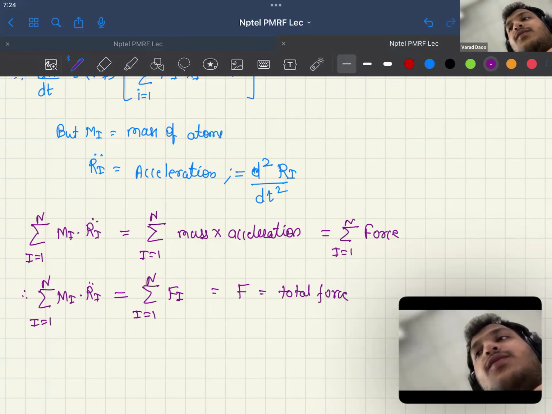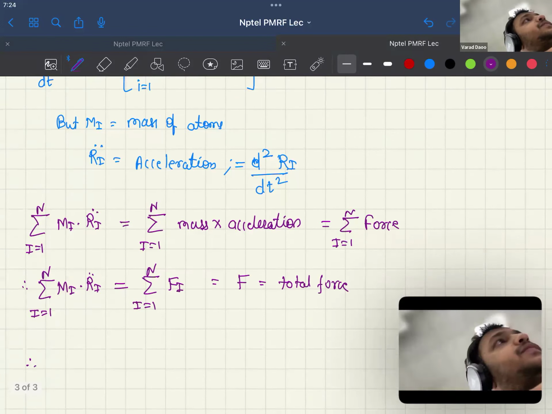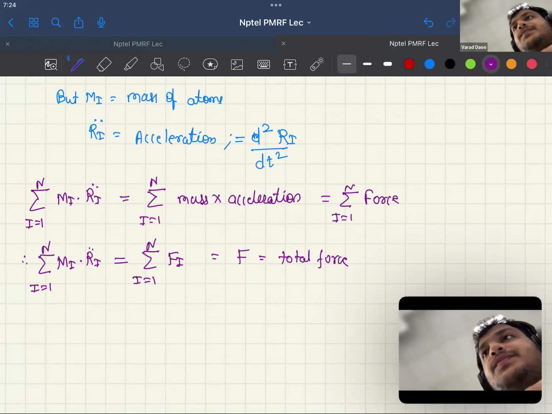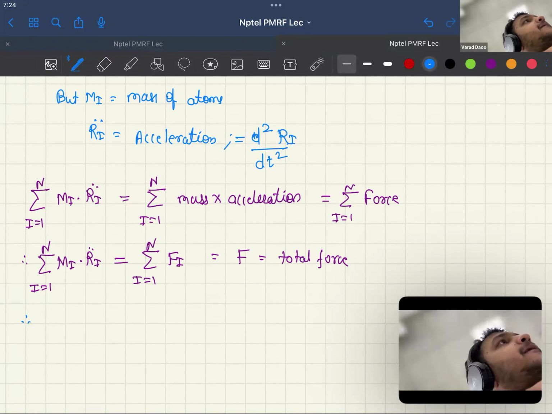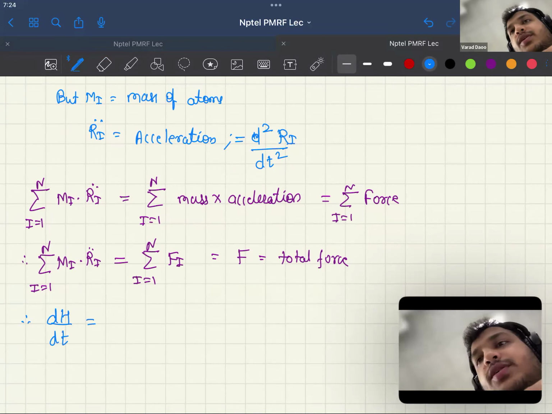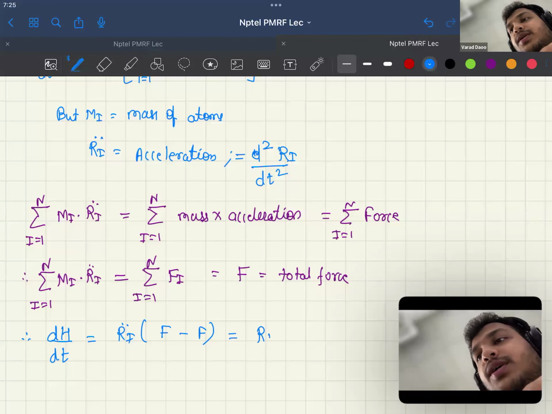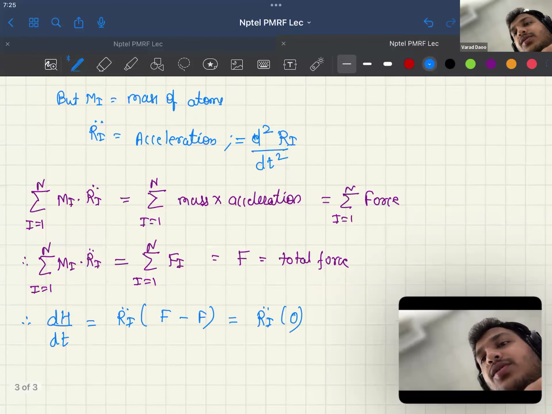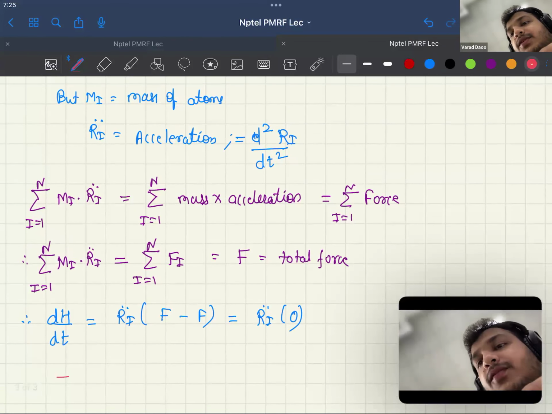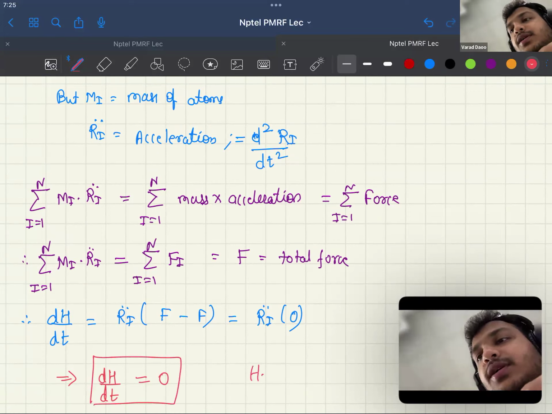Therefore, dH by dt is going to be ri dot multiplied by total force minus F, which is going to be ri dot into 0, which implies that dH by dt is equal to 0. Hence proved.